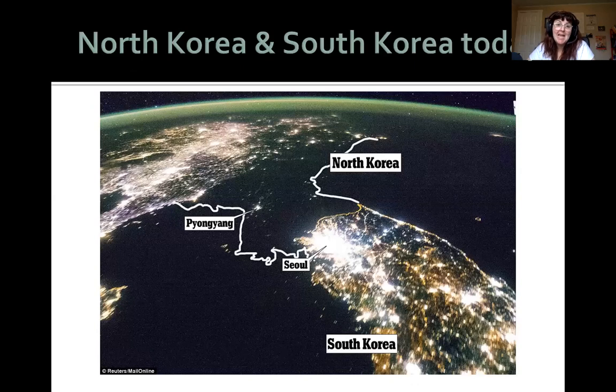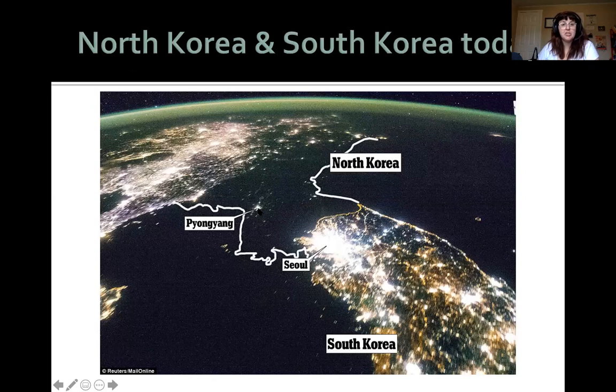So today, North and South Korea are very different. This is a satellite image here, and you can see all the electric lights in South Korea, especially in Seoul, the capital, very heavily industrialized, a very modern country. And you can see in North Korea, there's almost no electricity. So North Korea is one of the poorest countries on earth.